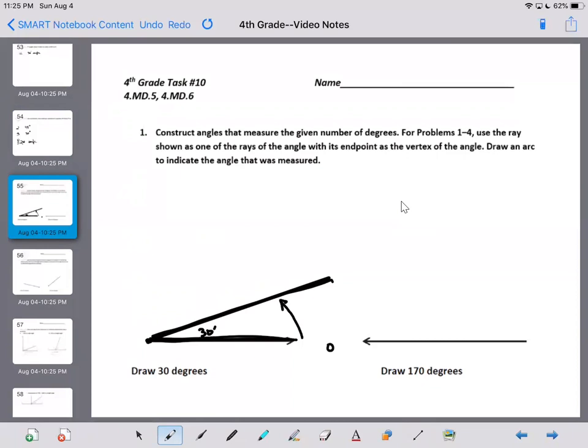And then if I wanted 170 degrees, I have to change my line segment just a little bit.